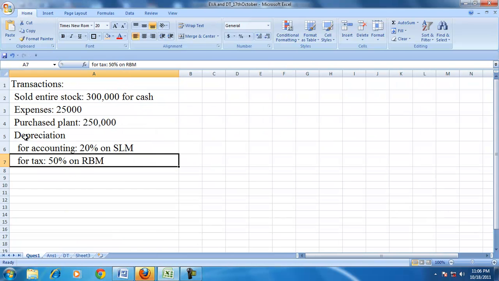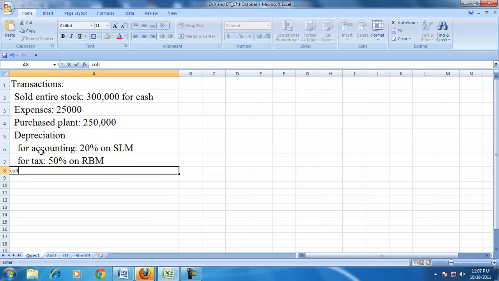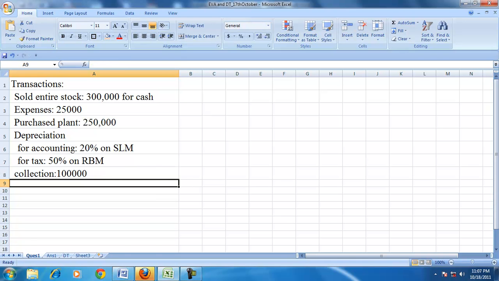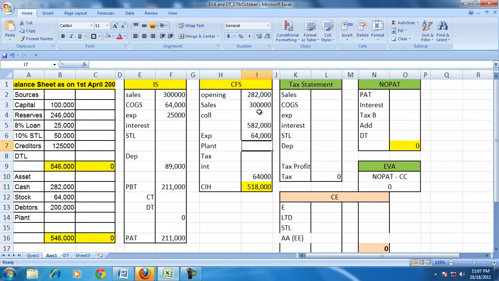During the period there was a collection from the old debtors, and the collection from the old debtors was 100,000. Collection is an inflow, not an income, but a reduction in the debtors. So the debtors will reduce to the extent of 100,000.